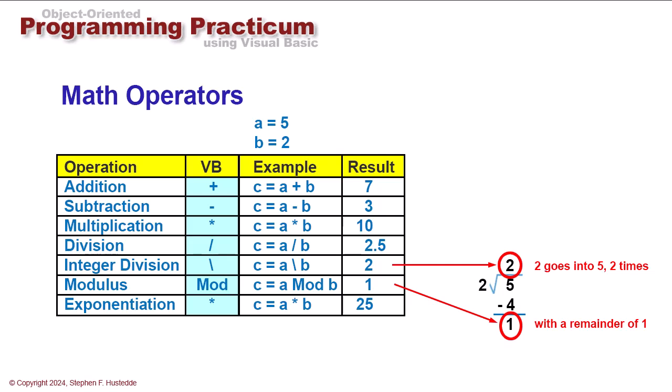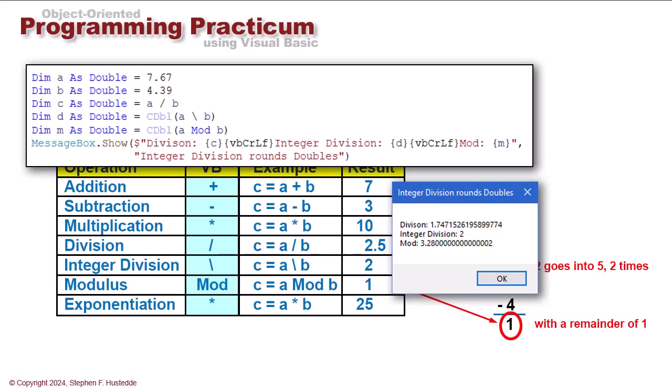Now, integer division and modulus, we're usually using integers on those. A and B are usually integers. They don't have to be. They could be double values or float values, but there's a little gotcha in the integer division. And that is if I use double values. So I have dim A as double 7.67 and B as 4.39.